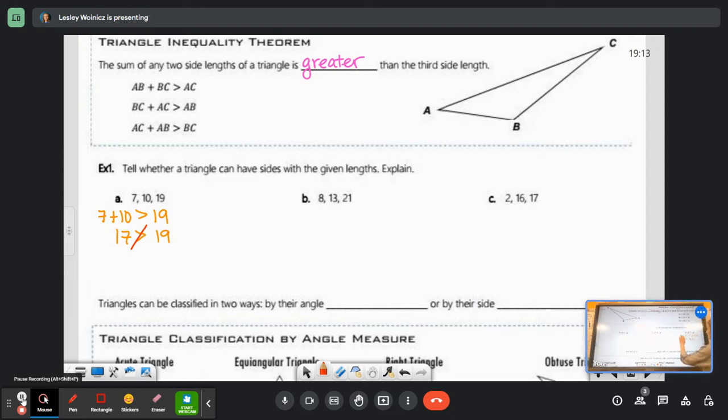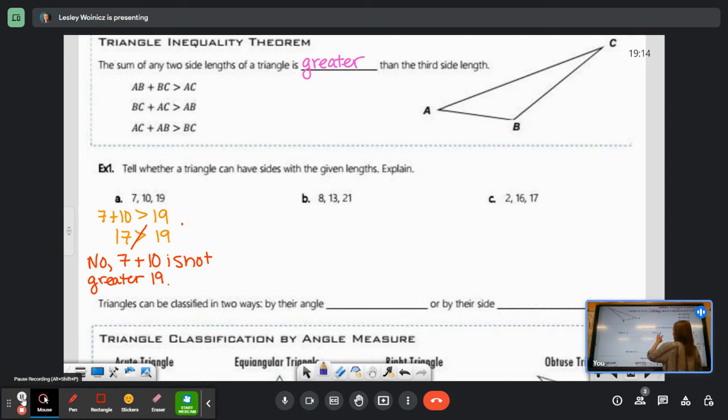It would be a goofy looking one where they didn't touch. They wouldn't be a closed figure. So this is a no. 7 plus 10 is not greater than 19.